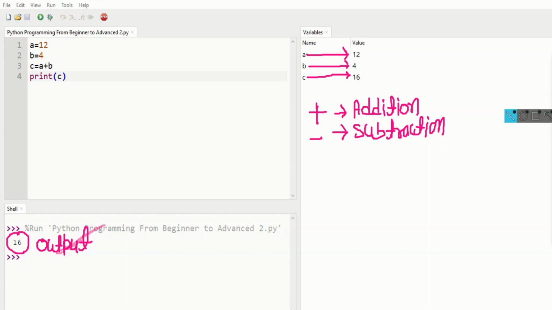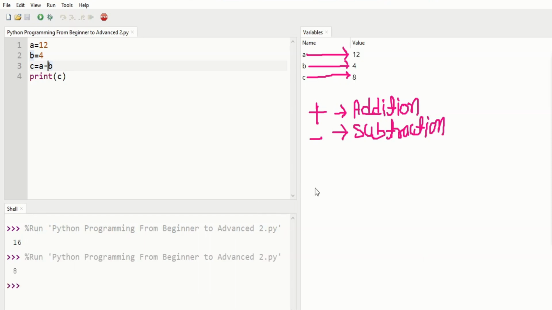I am erasing this one now, and again I'm changing the symbol from addition to subtraction, and see the output here.